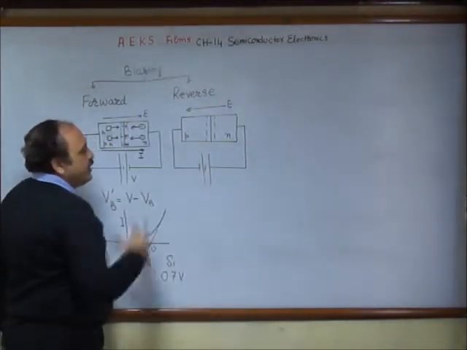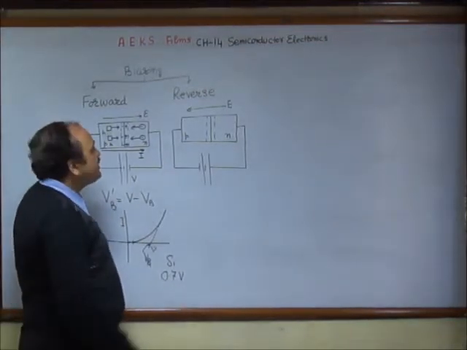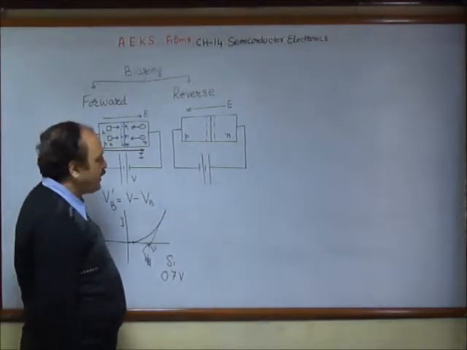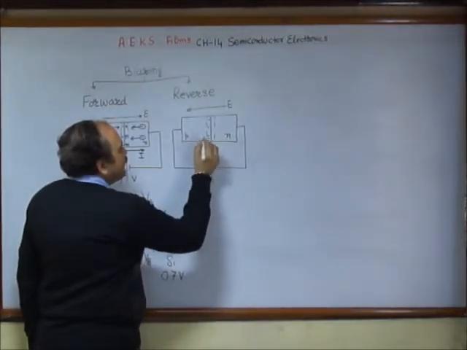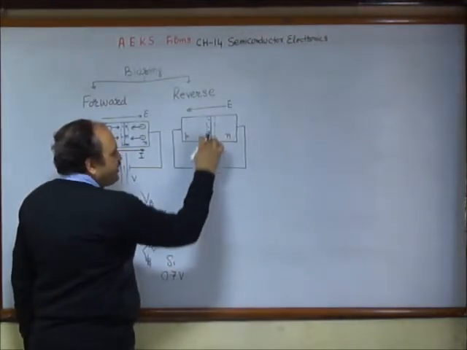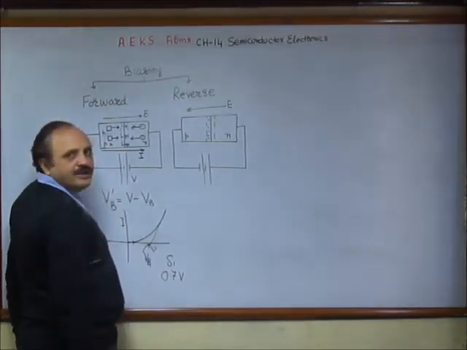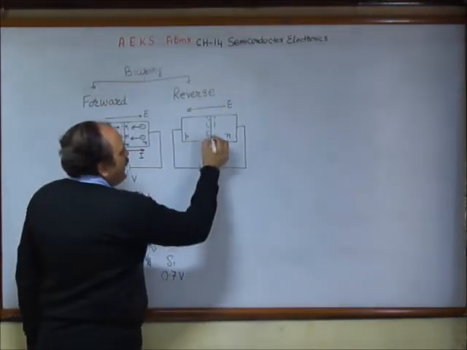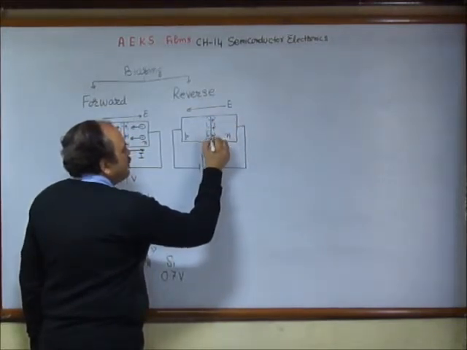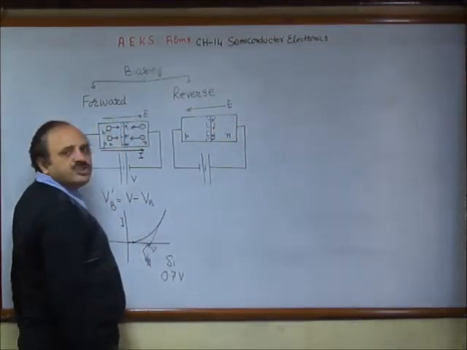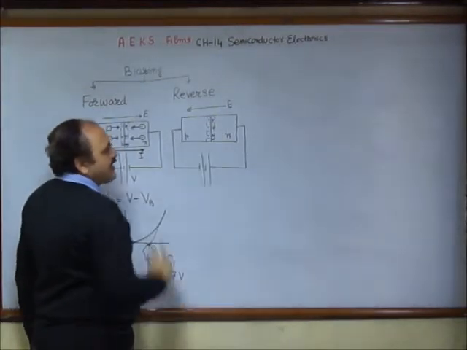If I come to the reverse biasing side, the negative is connected to this N region, or this negative region of the depletion layer, and positive potential is connected to the positive charge region on N side.